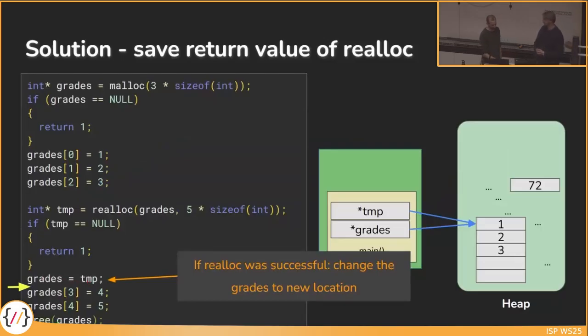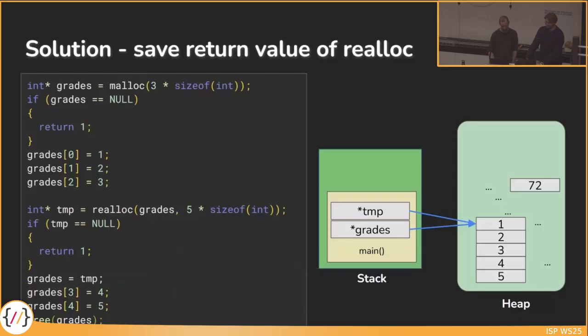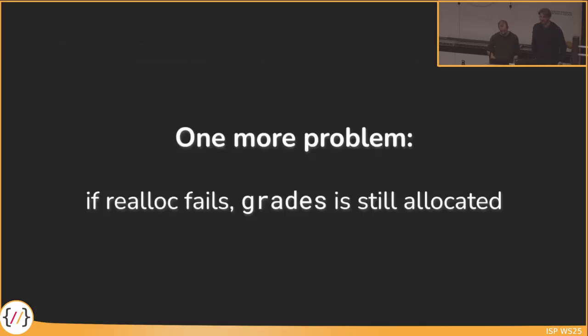That's nearly finished. Yeah, we have one more thing to add here. There's one more problem, because if realloc fails, this grades array is still allocated.